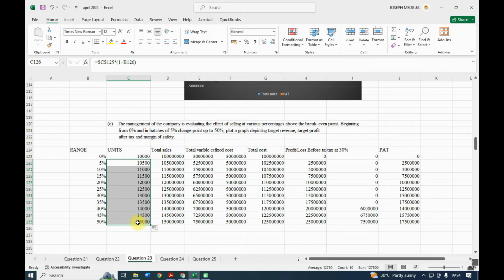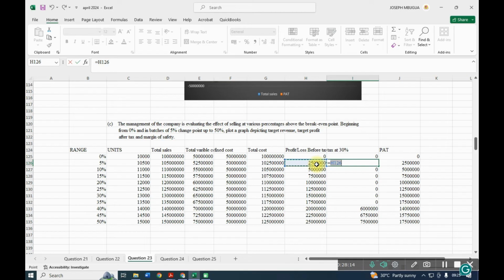You will find that in this case our profit will change. It will not be zeros the way it was, because now we are making a profit. We are making a profit of 250. So this one will be the value that we have at 30%.